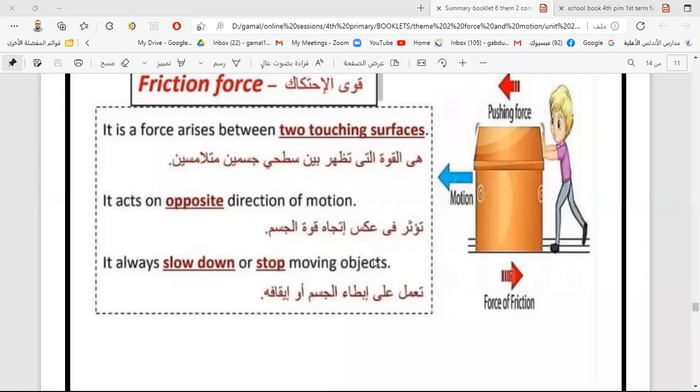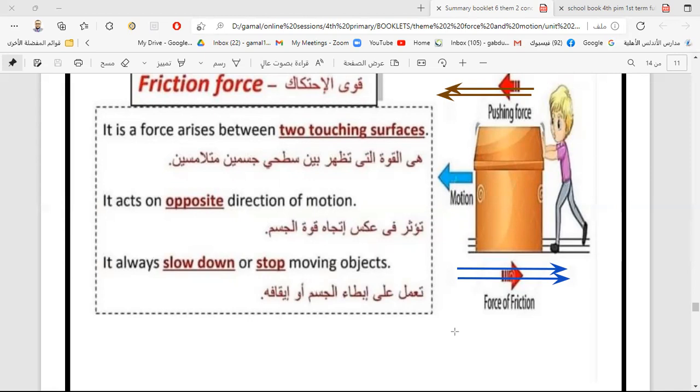So if you push a chair or a table in this direction, the moving is in this direction, and the friction will be in what direction? The friction will be in the opposite direction. Very good. So the friction increases the motion or decreases the motion? Decreases the motion, it slows down the motion.